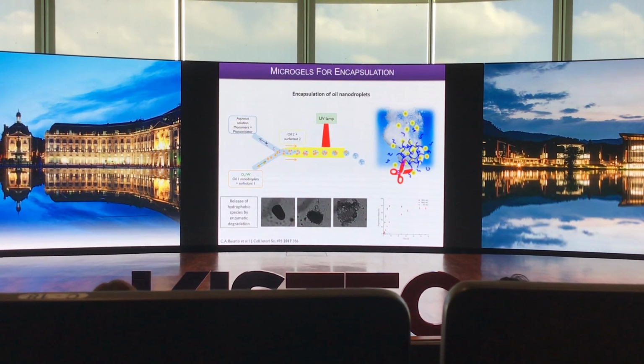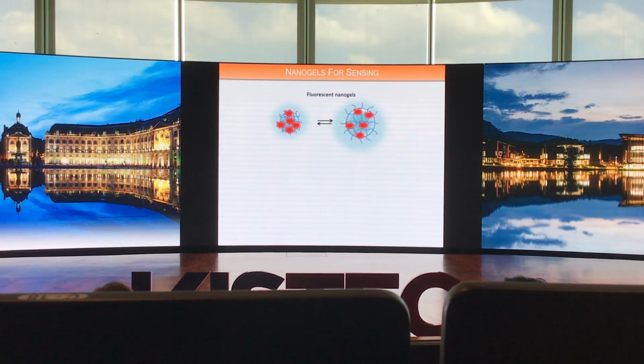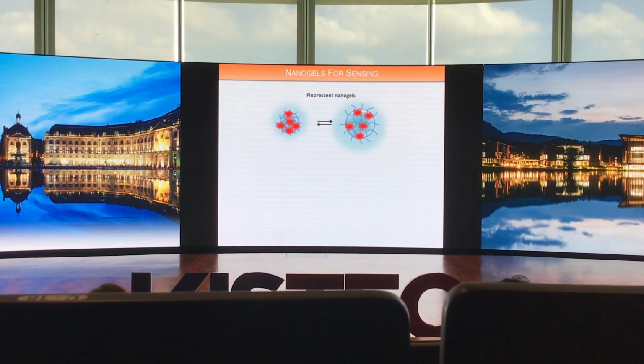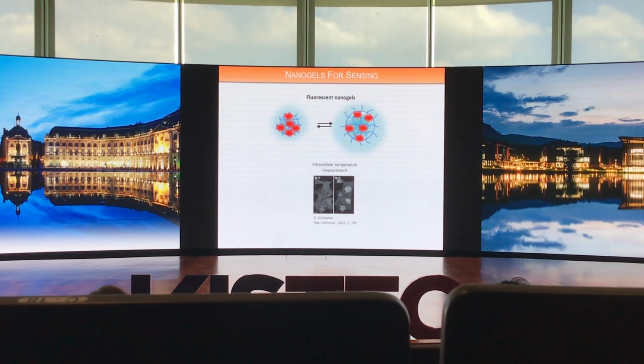As a second example of what we can do with those responsive microgels, we try to amplify the signal. So which type of signal? Mainly fluorescent signal can be something that is interesting because these systems are small.